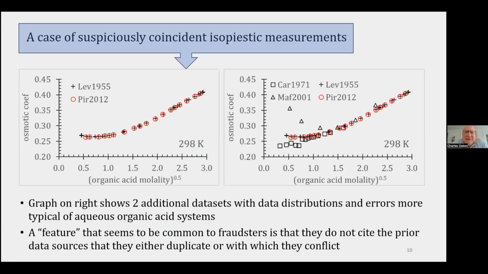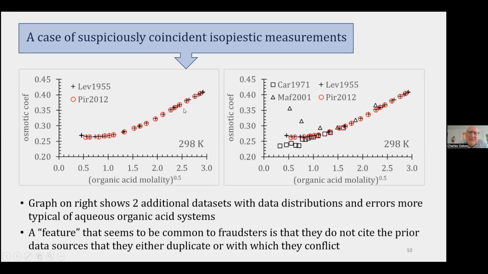So here's another case that I discovered along the way where you have overly similar data. On the left, I've got two data sets, one from 1955 and a more recent one, so roughly 60 years later. These are isopiestic data for an organic acid. I've plotted them as osmotic coefficients versus molality, and I'm not going to get into the details of which organic acid.